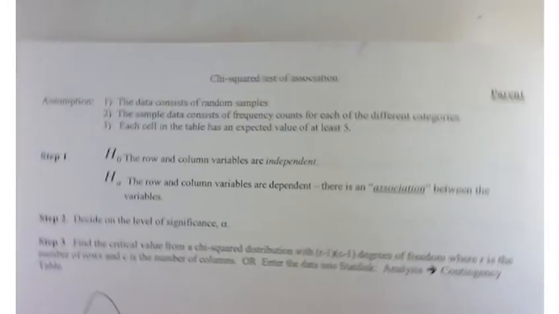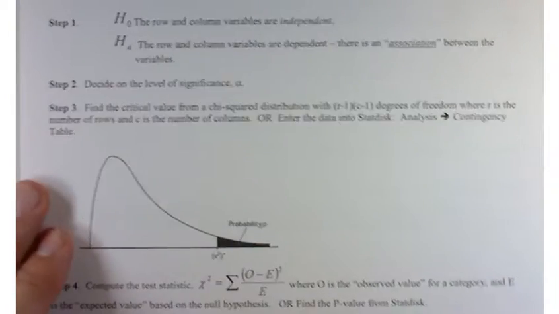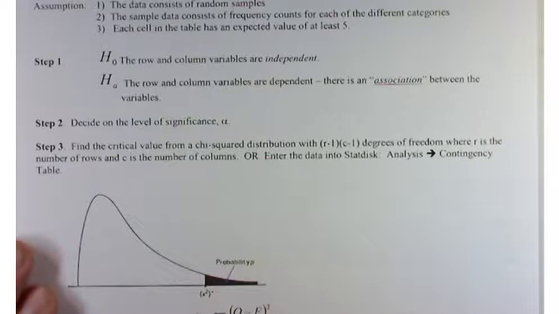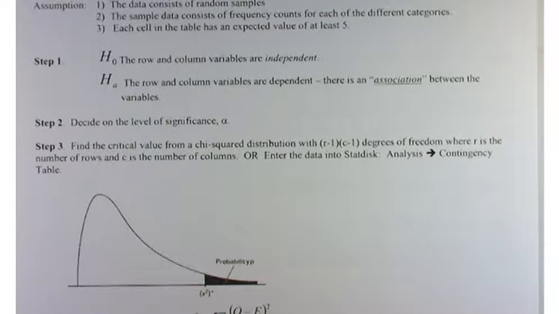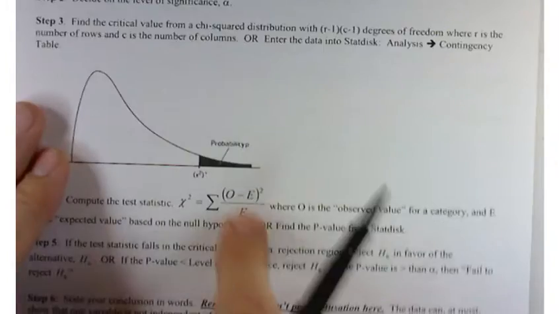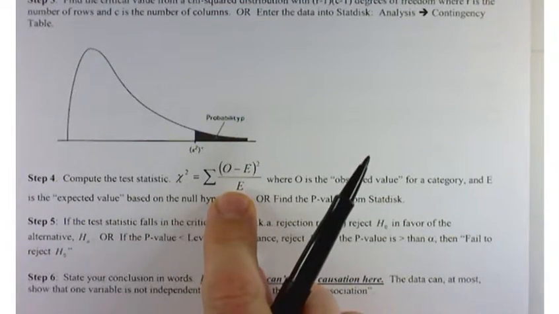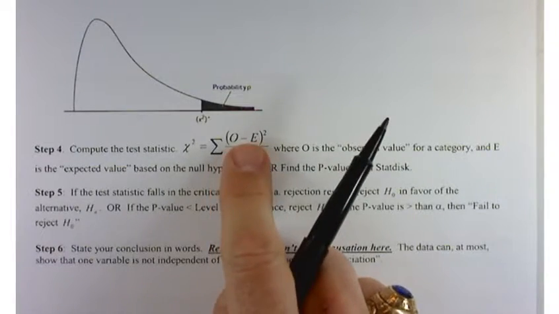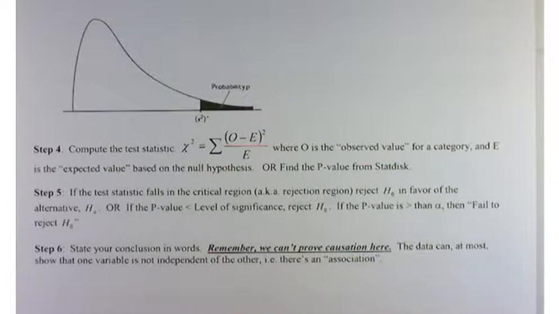Well, let's see how we're going to work with this kind of data set. So going back to our chi-square test of association, it's very similar to our chi-square goodness of fit test in some ways. That is, we're going to calculate a test statistic based on the difference between observed and expected values. Now, how we exactly calculate that is perhaps more than we need to know.